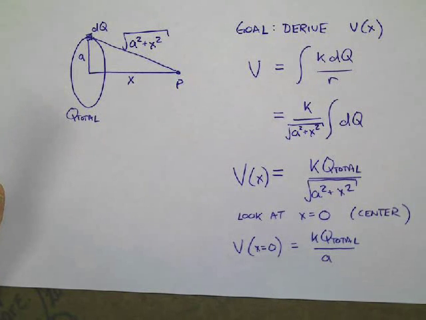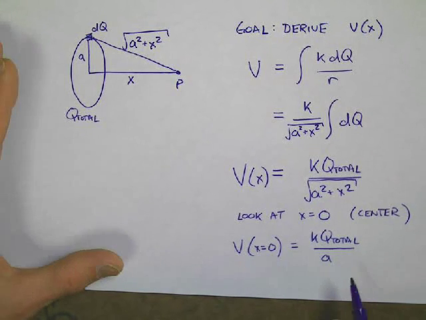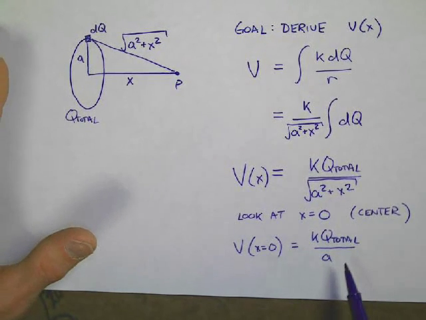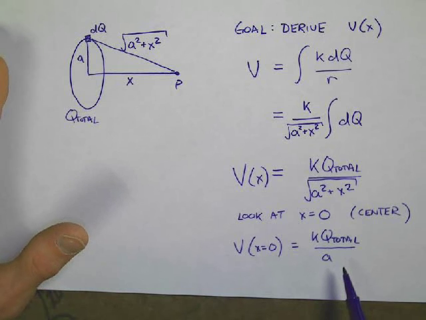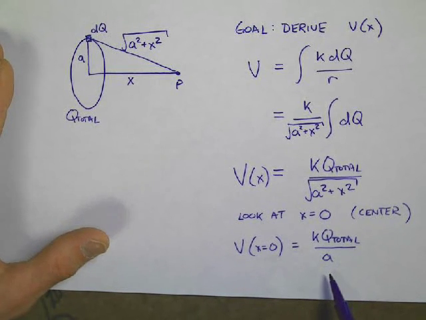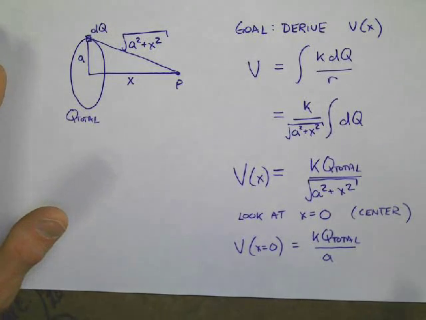And it simply becomes K times Q total divided by the radius of the ring. Okay. So sometimes in problems, a lot of times you look at what's happening at the very center of a symmetrical object. That's a pretty simple formula for calculating the potential right at the center of the ring. So it's a useful thing to do.